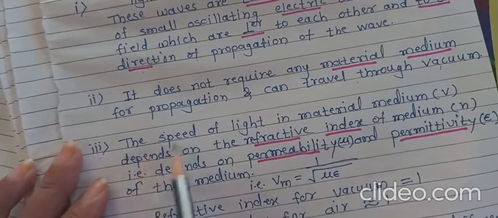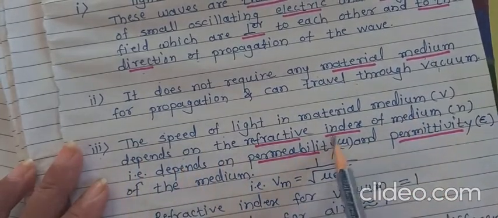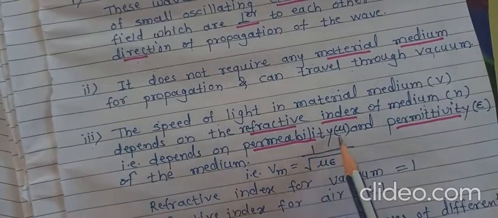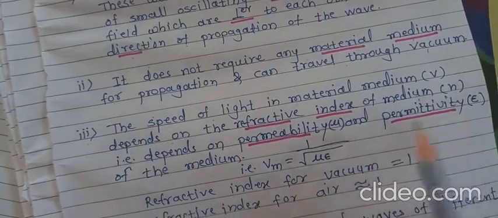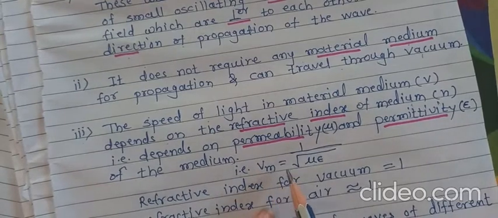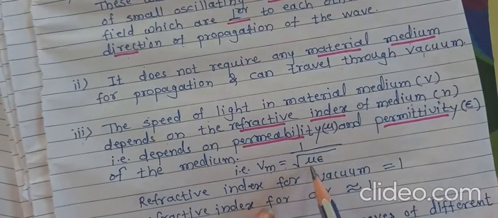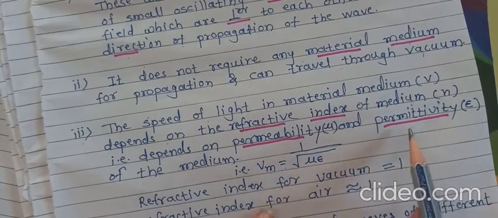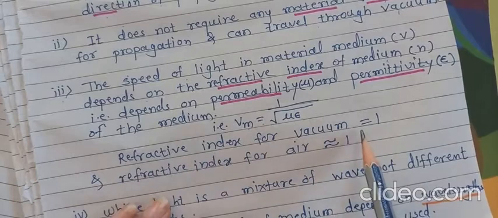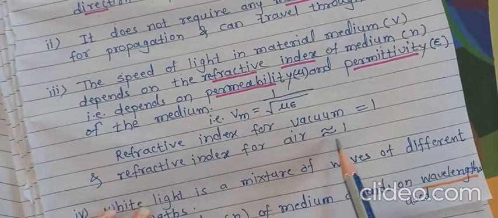Next point, the speed of light in a material medium depends on the refractive index of the medium, that is, it depends on the permeability mu and permittivity epsilon of the medium, and we have the relation: velocity of wave in a medium equals 1 upon square root of mu into epsilon, where mu is the permeability of the medium and epsilon is the permittivity of the medium. The refractive index for vacuum is equal to 1 and the refractive index for air is nearly equal to 1.